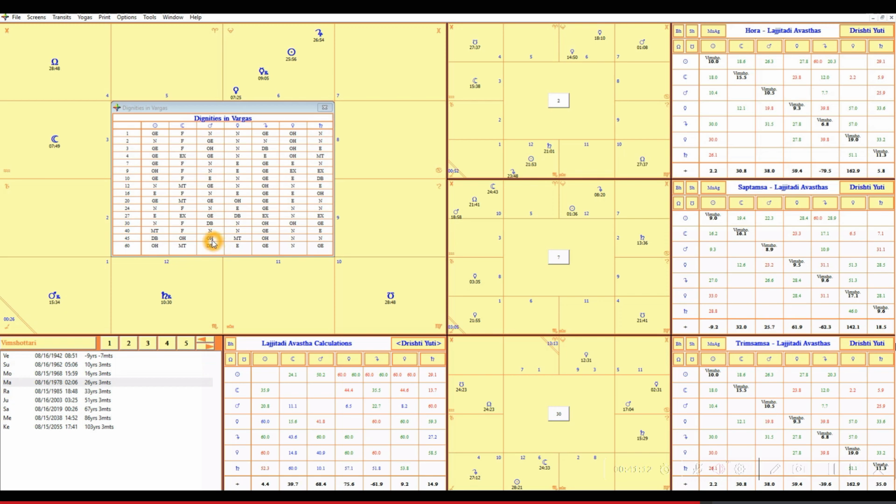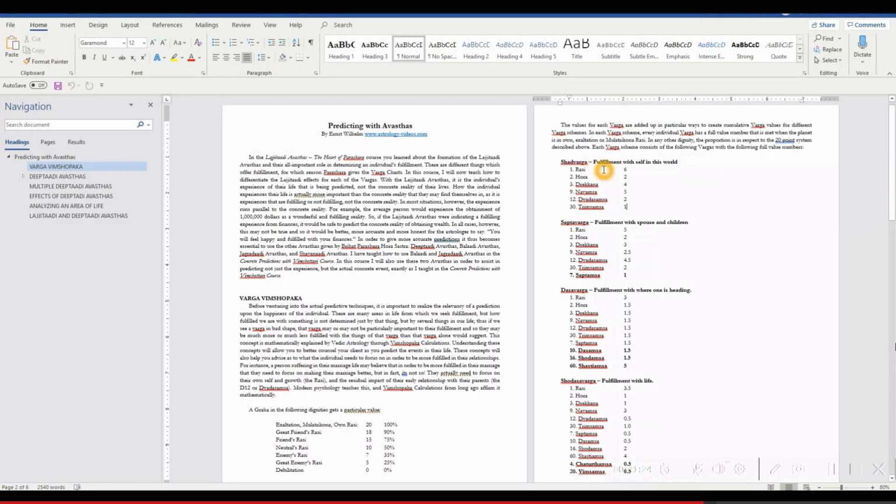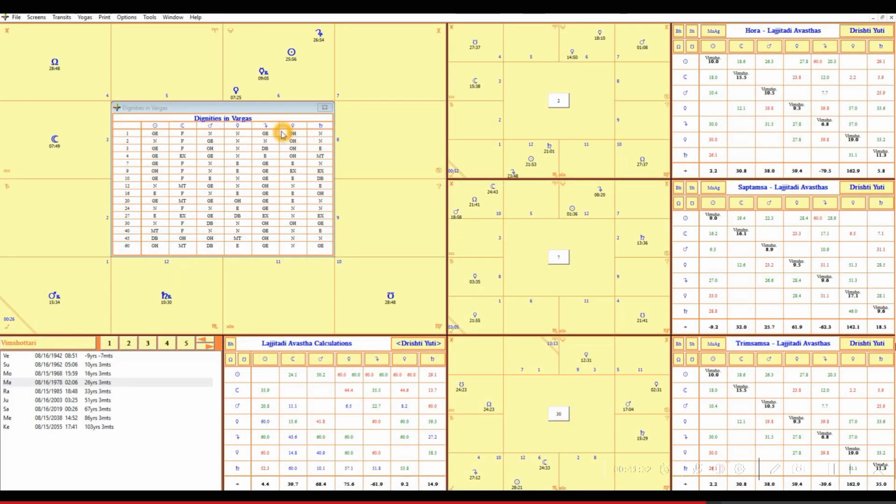In the D45, it's in the own house. Oh, we have to look in, okay, the Drekana is the key one. Okay, the Drekana is the key Varga because it's in the own house there, and the Drekana contributes to the Trimsamsha score in a big way, 4. So, more than anything, what's helping keep him alive is Mars is in own sign in the Drekana.